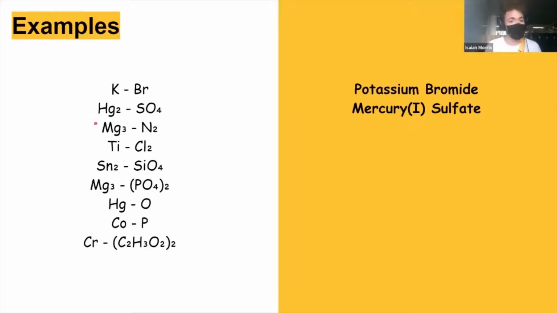Moving on to this next example. Would anyone like to take a crack at this? Is it magnesium nitride?